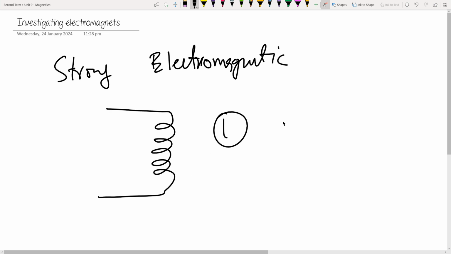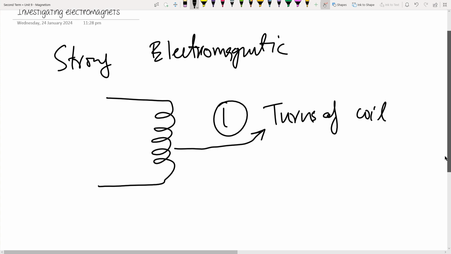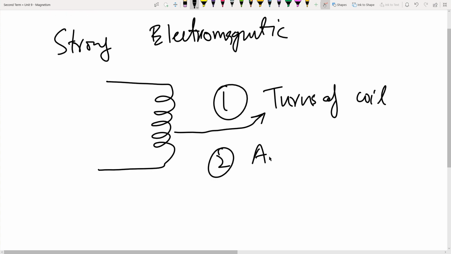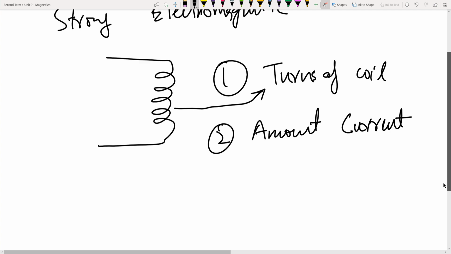So there are two factors. I'm just going to name them: turns of coil, how many turns there are, and number two, amount of current. How much current? If I'm giving too much power, then the electromagnet is going to be very strong. If the current is low, the electromagnet is going to be less strong, right?